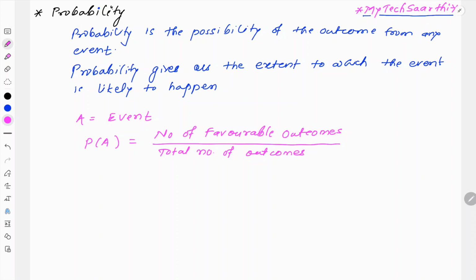So for example, a coin is tossed. Find the probability of getting head.